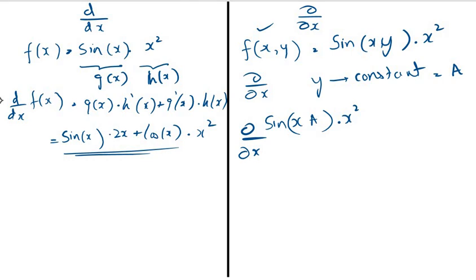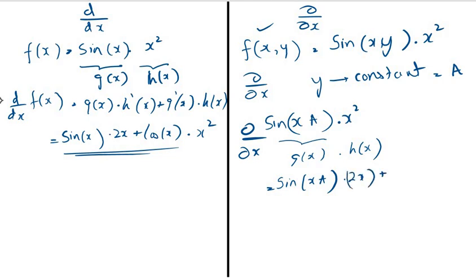So let's look at this function. It also looks like the function over here. There's a g(x) and an h(x). So to differentiate that, we first write the g(x) as it is, sine xa, and then we differentiate h(x). We saw here it was 2x.